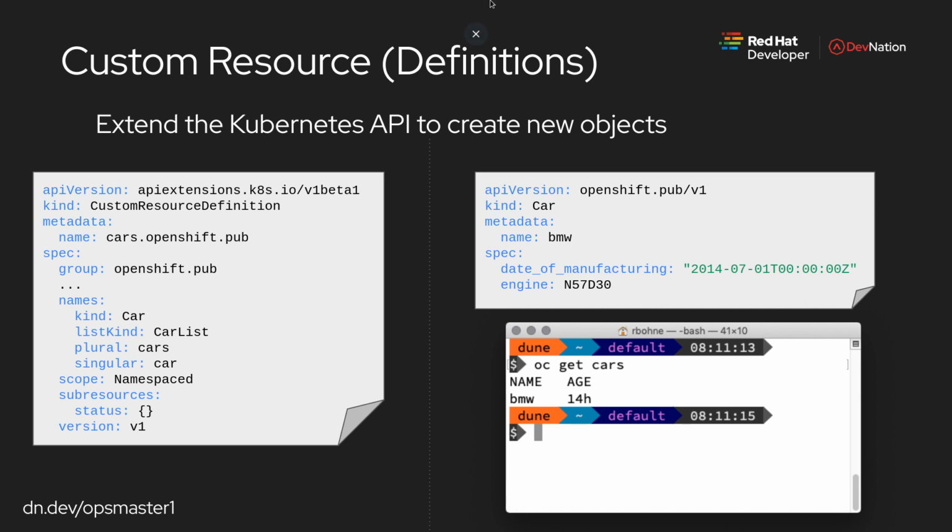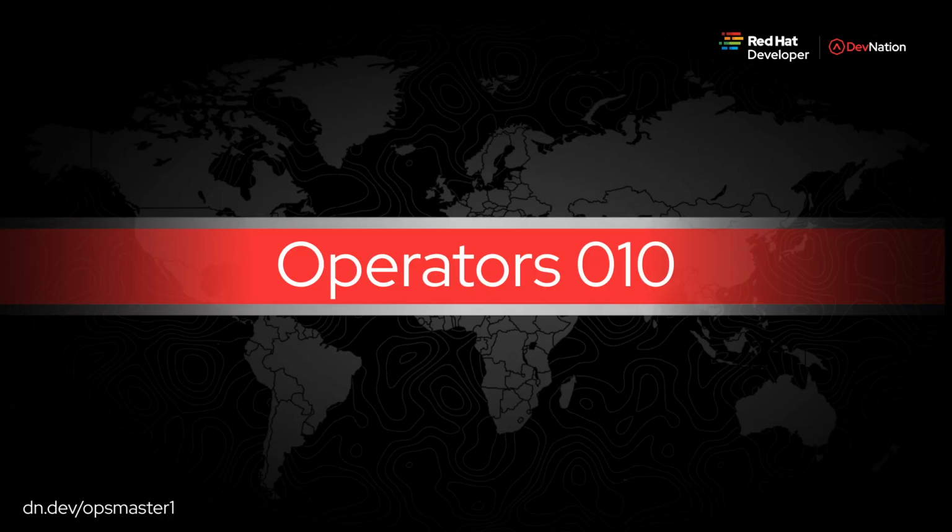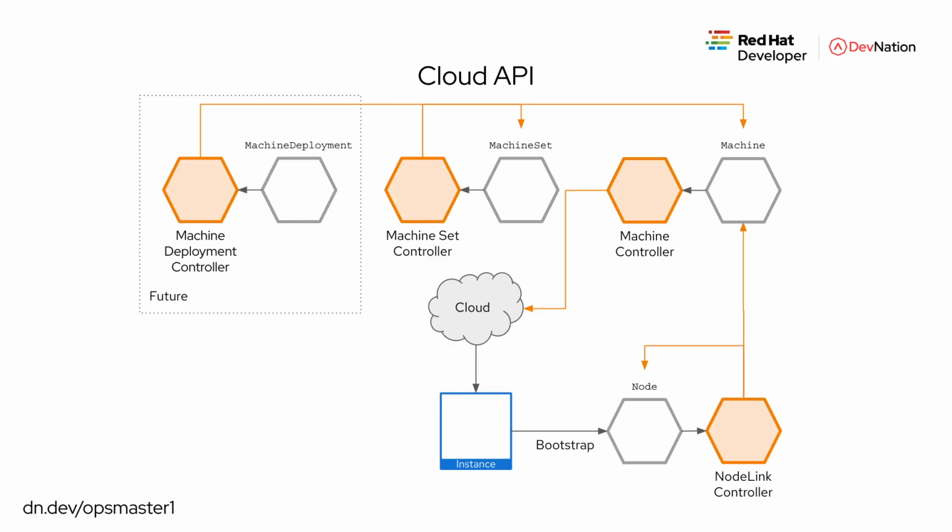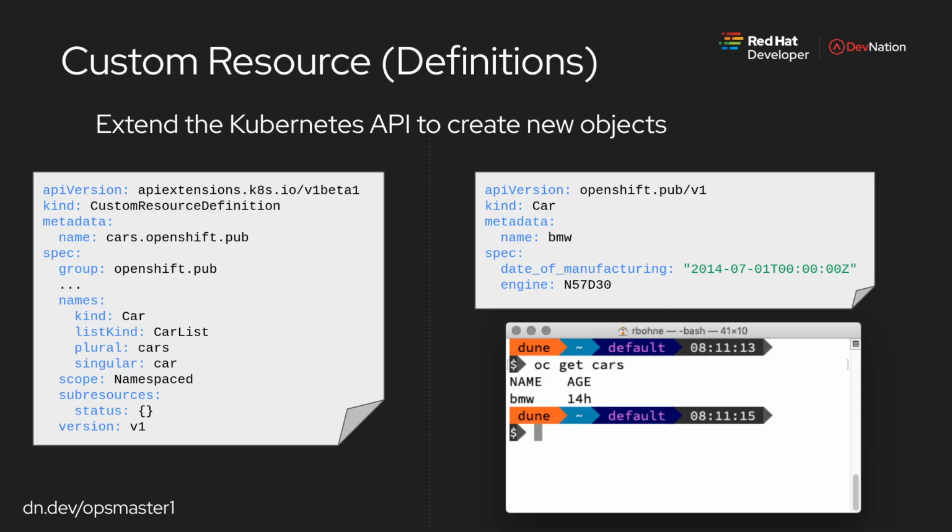So in the case here below, you can see that you can do an oc get cars or a kubectl get cars, and you get a list of car objects in the current namespace. So again, when we think back to how we do cluster scaling, we have a number of CRDs for machine sets and machines and nodes and so on and so forth that ultimately are looked at by these operators, and that's how we do cluster scaling.